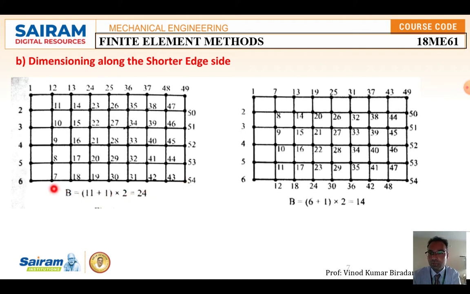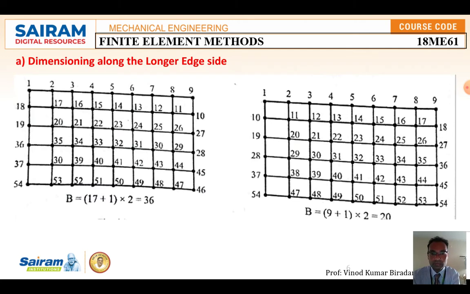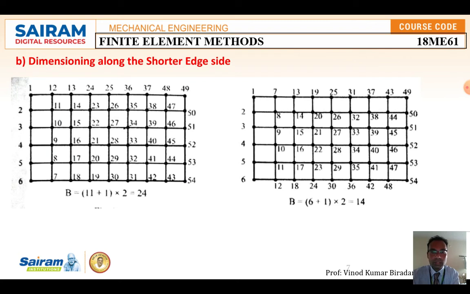Okay, 54 minus this. So what is the shorter edge here? This is the longer edge, this is the shorter edge. Look here, the shorter edge is this minus this, 11 is there, so 5 plus 6, how much? 11. You have to add 11 here. Okay, b is equal to 11 plus 1.